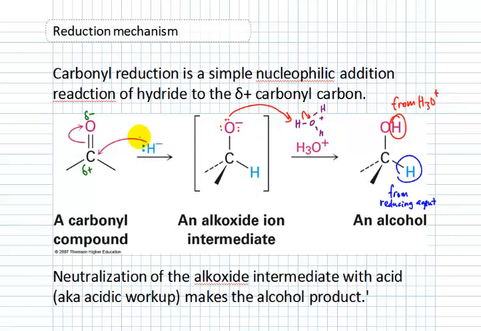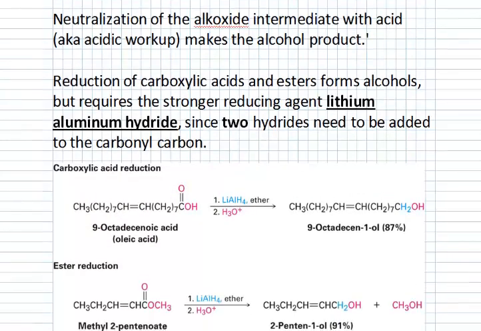If I used regular borohydride, I'd put an H there, but then if I had an acidic deuterium source, like D3O plus, I would be able to make OD. That would put the deuterium on the alcohol instead. So those hydrogens are added sequentially. It's important you know where each comes from.